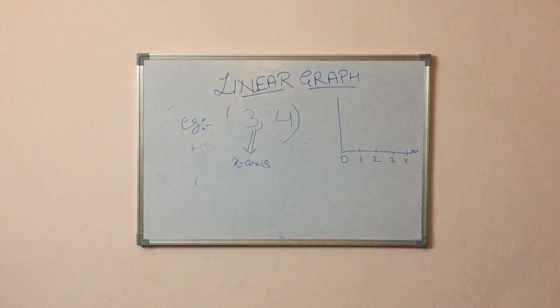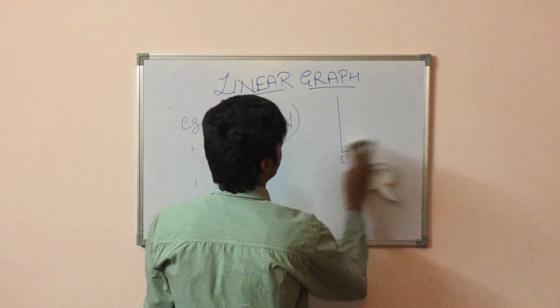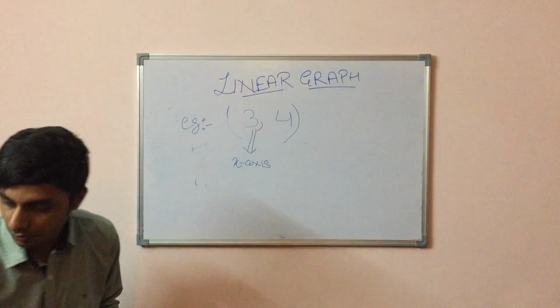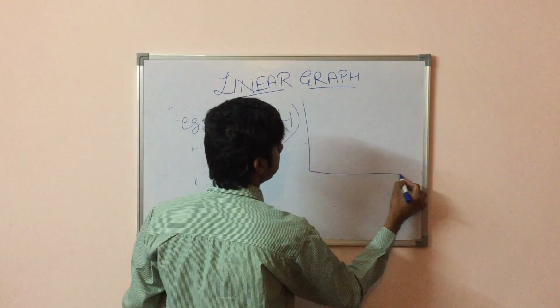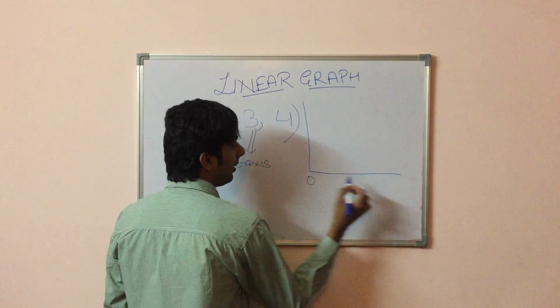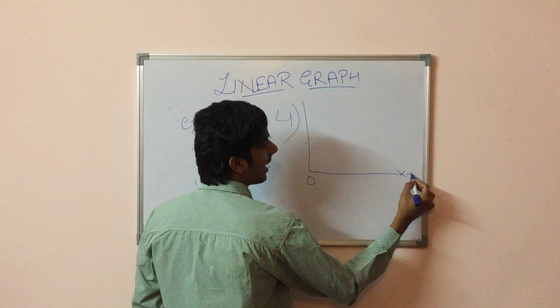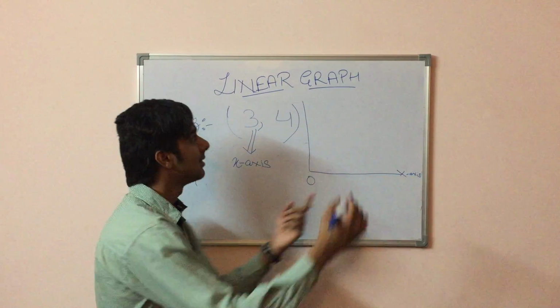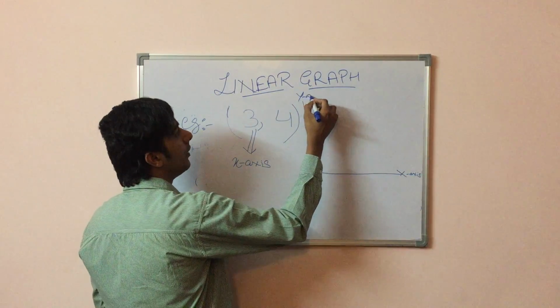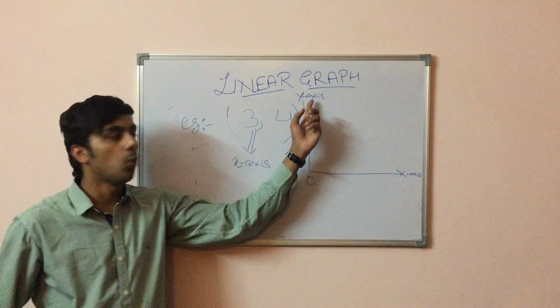x-axis. Let's just draw a graph. This is the 0 point. This is our x-axis and this is our y-axis.